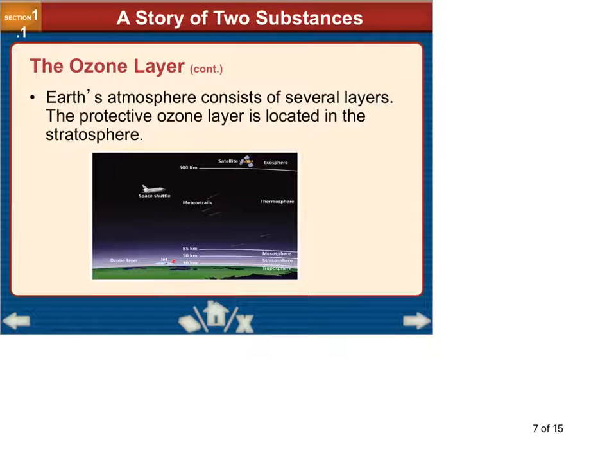Earth's atmosphere has several layers. Ozone is in the stratosphere. Here you'll see layers of the Earth: troposphere, stratosphere, mesosphere, thermosphere, exosphere.